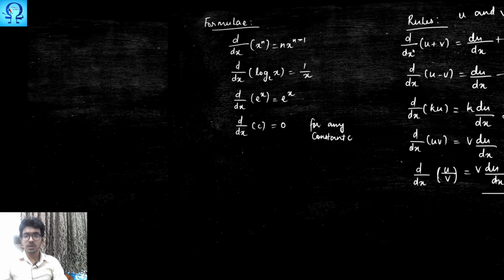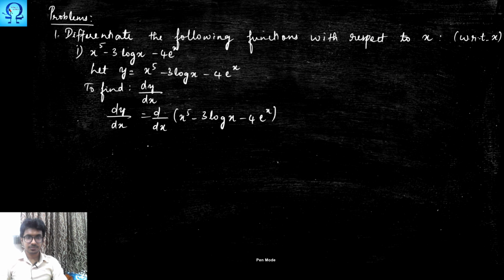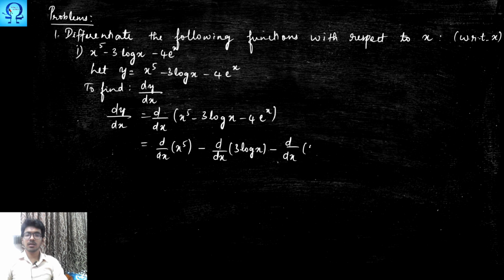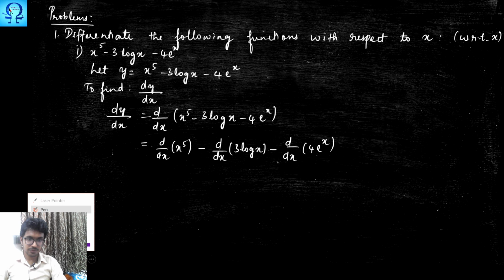So when we do it, d upon dx of x power 5 minus d upon dx of 3 log x minus d upon dx of 4 e power x. Let me write the rule here itself, so it will be easy for you to understand.